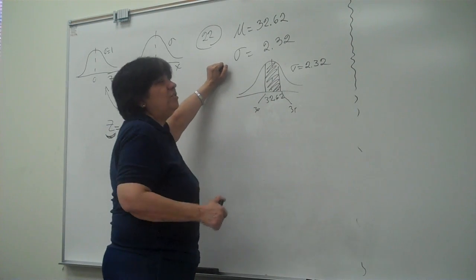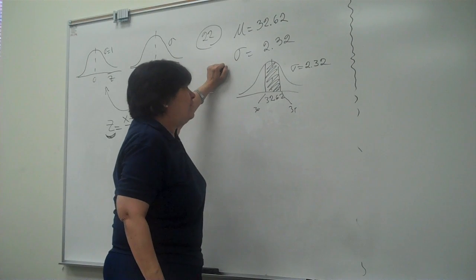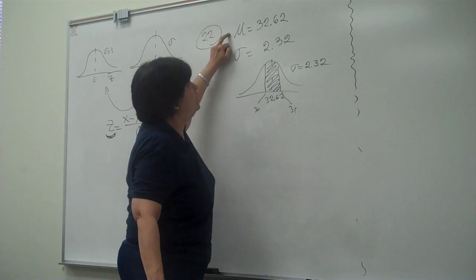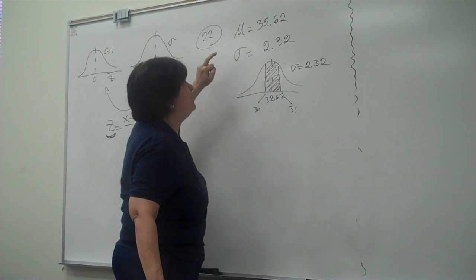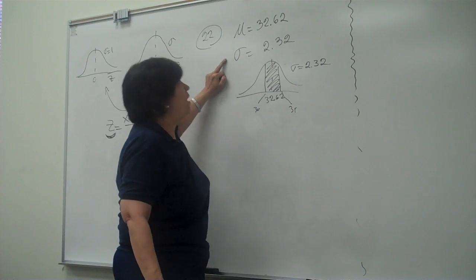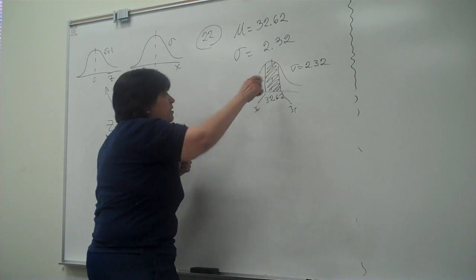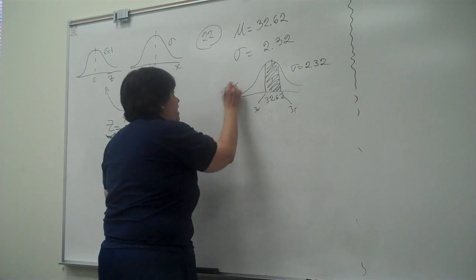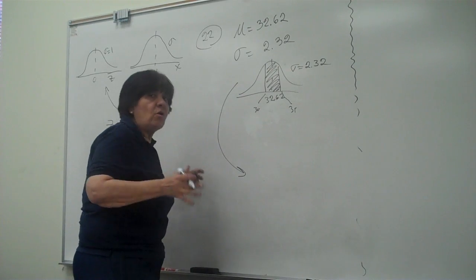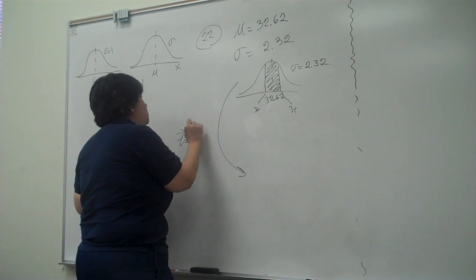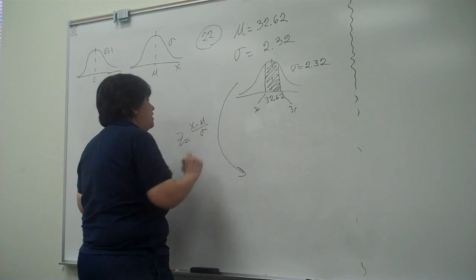Now, how are we going to approach this? I mean, there are no tables for the normal distribution with mu equal to 32.62 and sigma 2.32. Now, this normal distribution can be translated into a standard normal distribution using this formula. Z is equal to X minus mu divided by sigma.